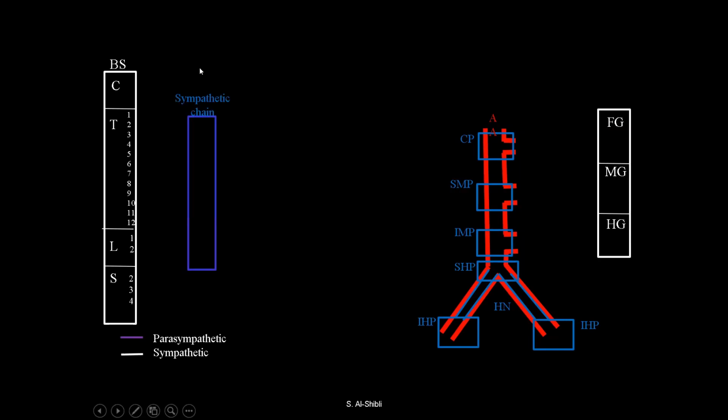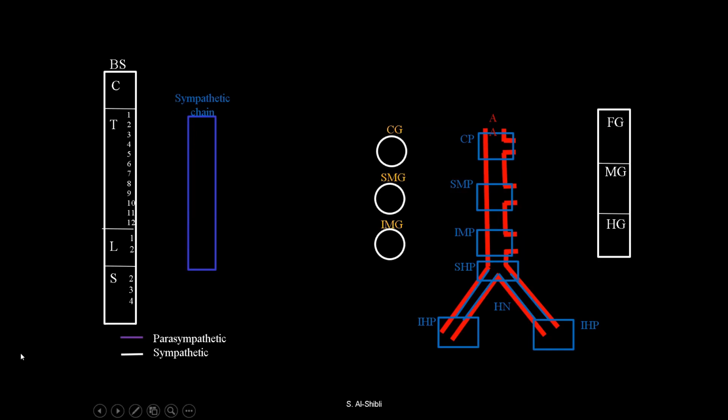And here what we have, the sympathetic chain. You know what's the sympathetic chain? It is 2 chains around each side of the vertebral column that carry the sympathetic flow to the abdomen. And also we have the ganglia where the nerves relay or synapse. This is the celiac ganglia, the superior mesenteric ganglia, and the inferior mesenteric ganglia.